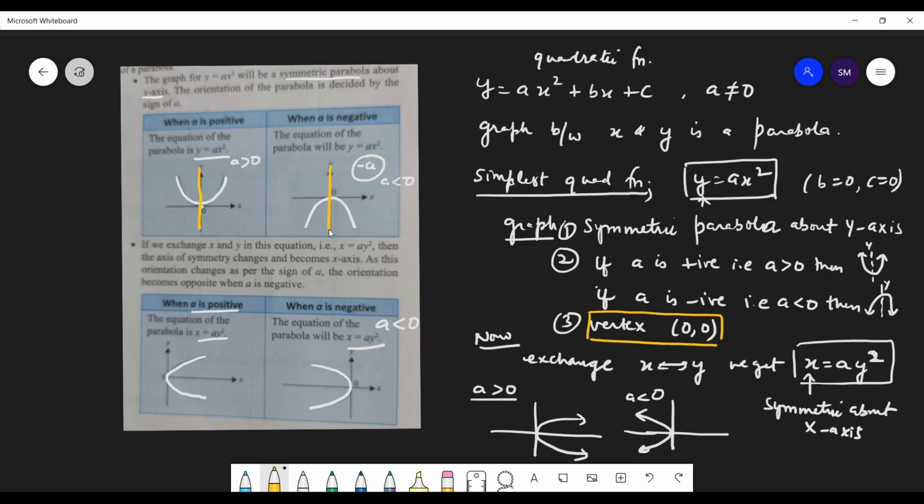This is the axis of parabola, this is the axis of parabola, this is the axis of parabola. And here this point is your vertex, and you see it is the minimum value of the function.